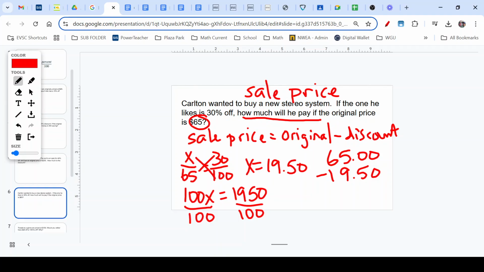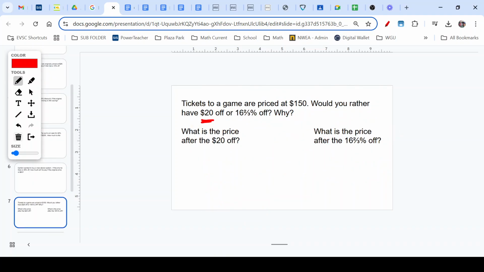Our next question is talking about comparing discounts. Okay, tickets to a game are priced at $150. Would you rather have $20 off or 16 2/3% off? Well, we already know the discount here is $20 off. We've got to find the discount of 16 2/3%.